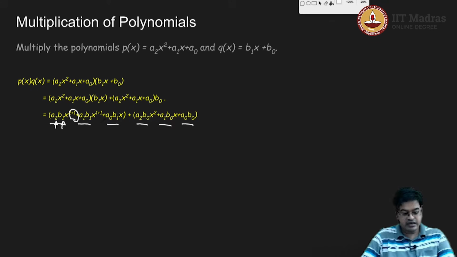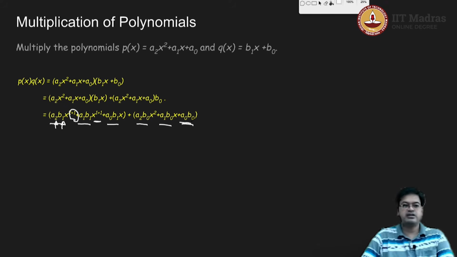In a similar manner, you look at this term which contains x square and you look at the suffixes of the coefficients, that is a1, b1. Together they will sum to the exponent, that is 1 plus 1 is 2. So this should be a coefficient of x square. Then if this logic is correct, what should be the coefficient of a constant? The coefficient of the constant, that is x raised to 0, must be a0 b0.